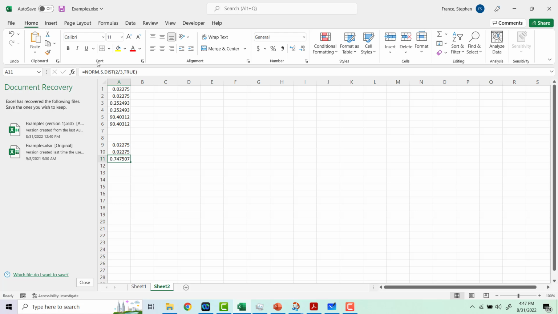And then we have to do 1 minus that. Don't forget, because we're looking at the area to the right. And we get 0.252, almost 0.253.